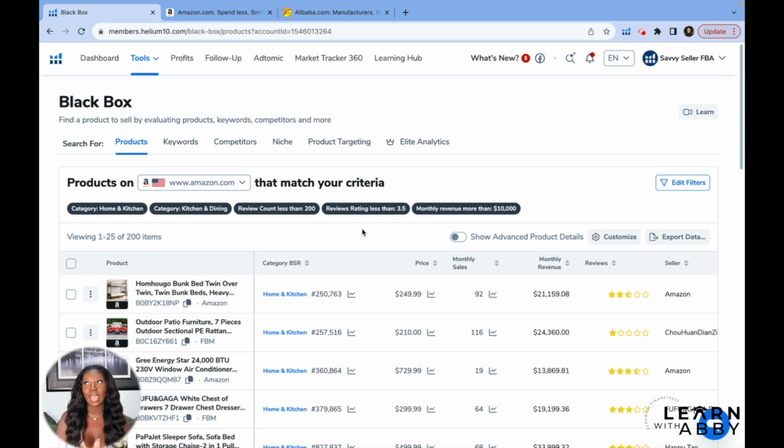So if it was a product that had a 5-star average or 4.5, that means that there's not a lot of room for improvement because the reviews are already stellar. But when the reviews are in the 3.5 range, that means that there are things that people obviously dislike about the product, and that gives you room for differentiation and room for improvement. And then lastly, it just has the revenue.